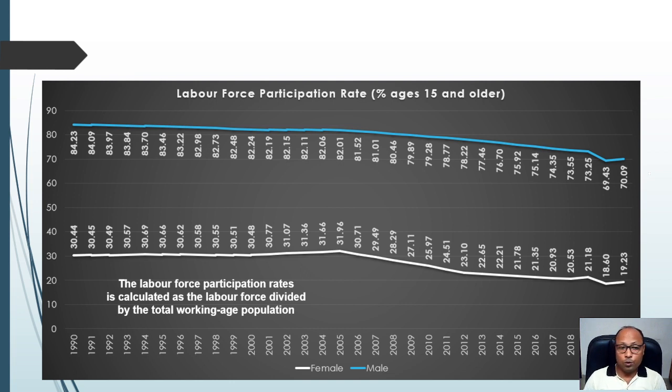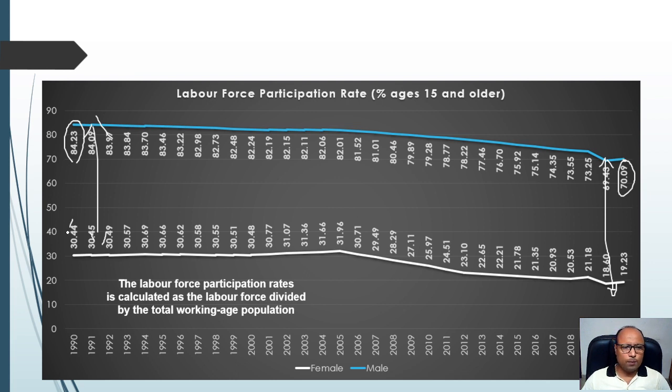And again, when you look at the data, the overall difference between male and female has not changed much over a period of time. The gap between these two lines, blue line and white line, has more or less remained the same over a period of time. The labor force participation for the male was around 84, declined to around 70.